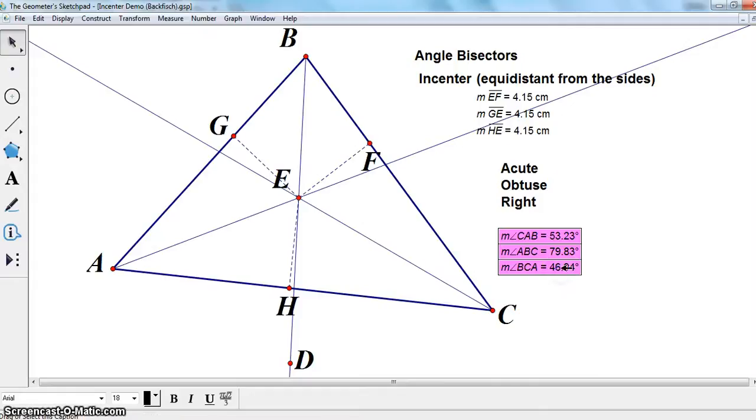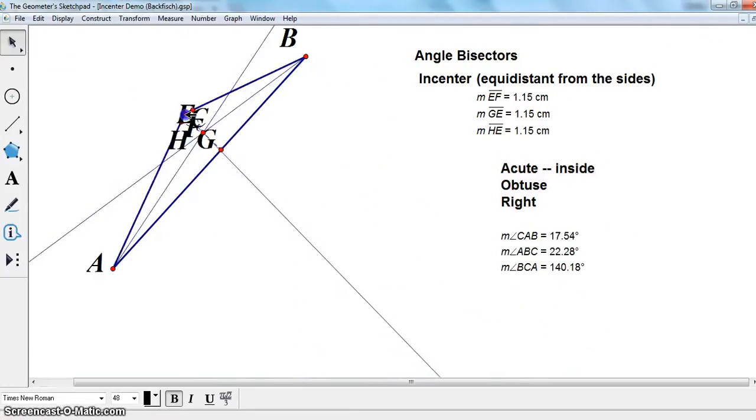I provided them for you so you could see whether it's acute, obtuse, or right. Okay? So right now it's an acute triangle. Where's the incenter? Because E is the incenter. It's inside the triangle. I'll make this bigger and write it here. So when my triangle is acute, the incenter is inside the triangle.